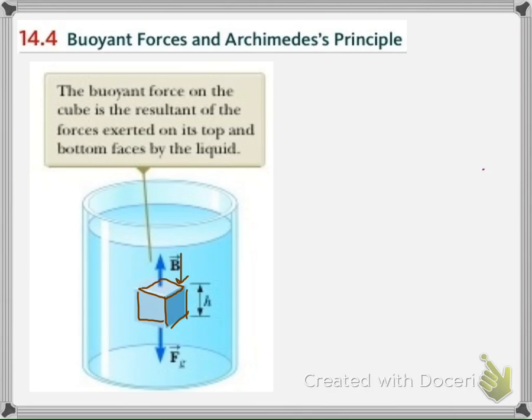If the area here is A, the force at the top is equal to the pressure at the top times area, and the pressure at the top is P0 plus rho G H top, where HT is the distance from the surface of the fluid to the top surface of the object.